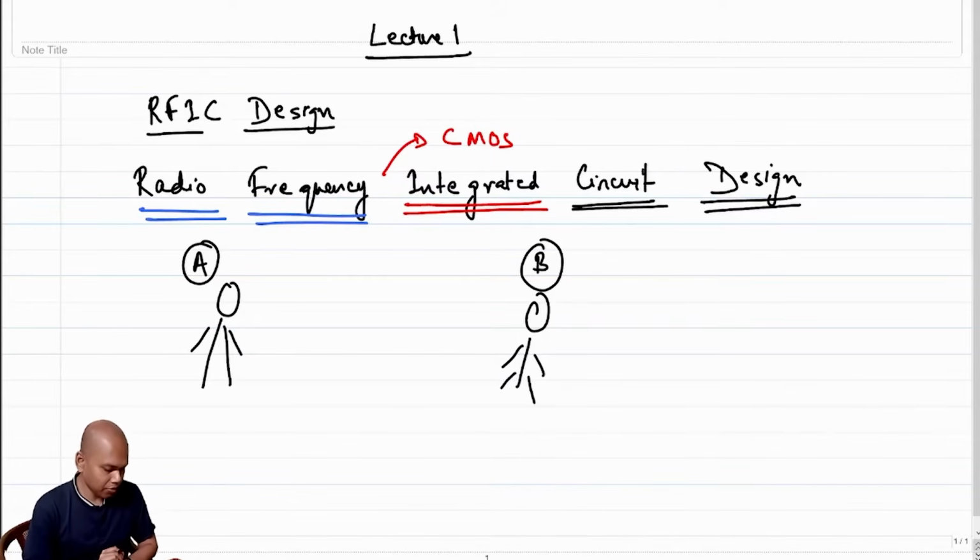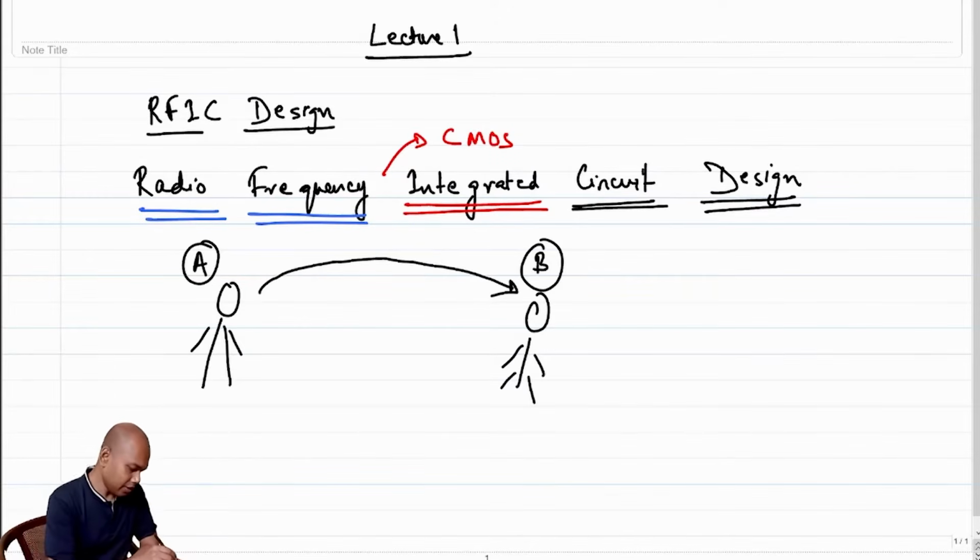And one would like to communicate over voice. So person A speaks, right? Person A speaks and person B listens, right? Similarly, at a certain instant of time, person B speaks and person A listens.